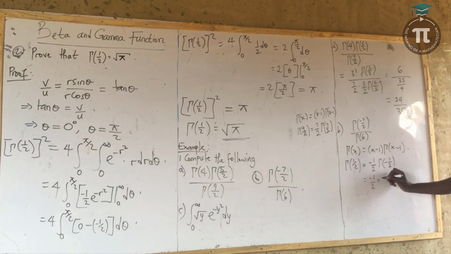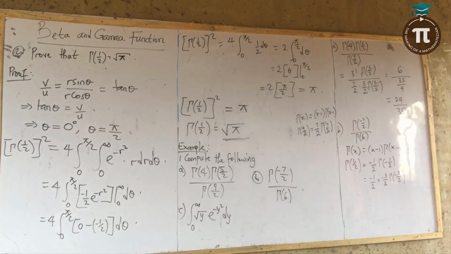Gamma of minus 1 over 2 will be minus 1 over 2 minus 1, that is multiplied by minus 3 over 2, gamma of minus 3 over 2.